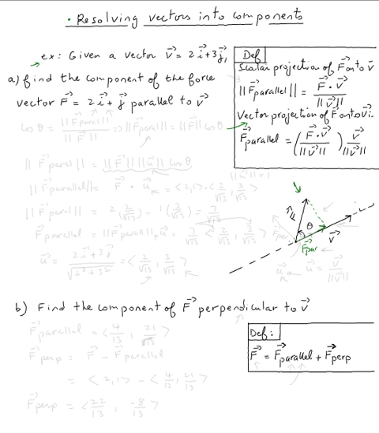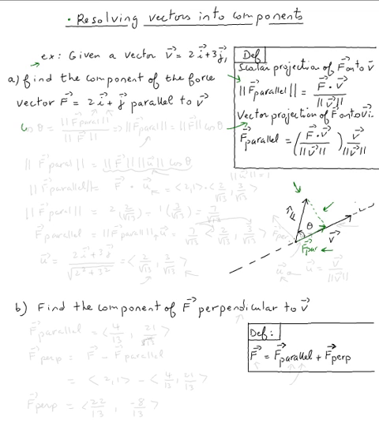Now this is what we do. You don't want to memorize this formula. What we do is, first we need to find the magnitude of F parallel. Now what do we know about the cosine of theta?